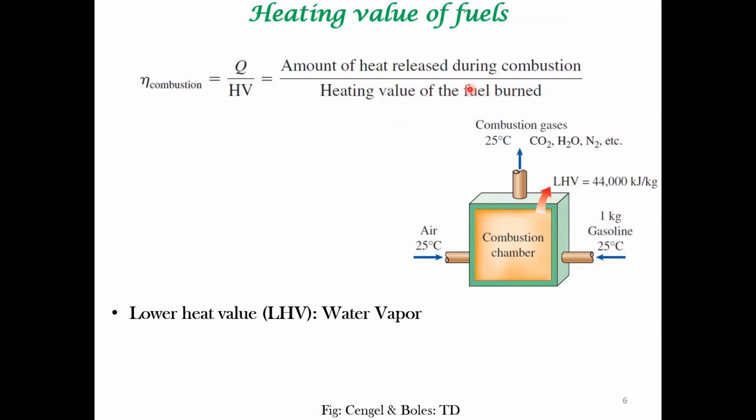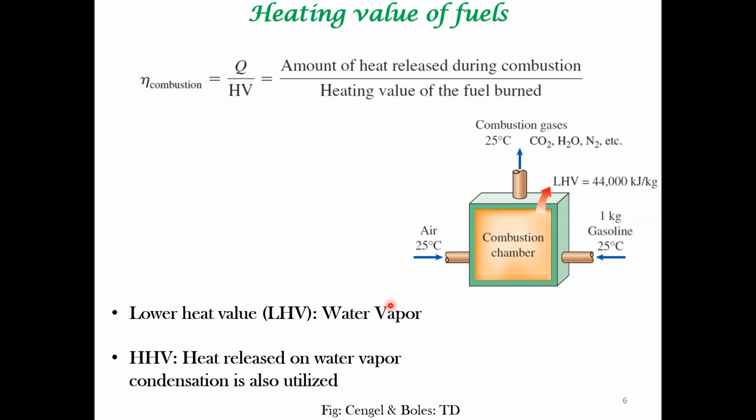You will hear two kinds of heating value. One is called the lower heating value, another is called the higher heating value. What is the difference here? When the water, that is H2O, that is being generated escapes out as water vapor, that is what is used for defining the lower heating value.